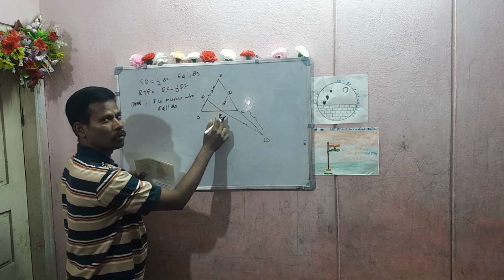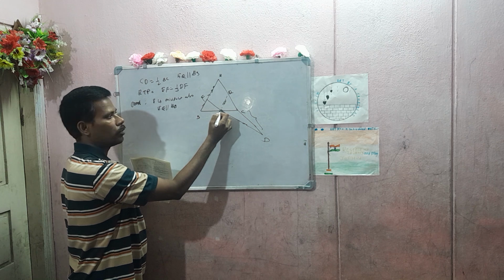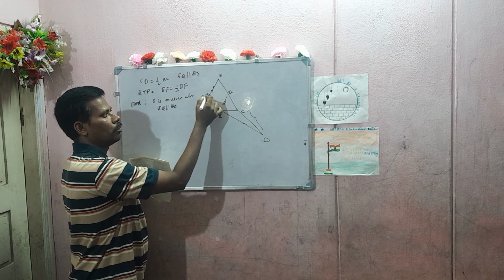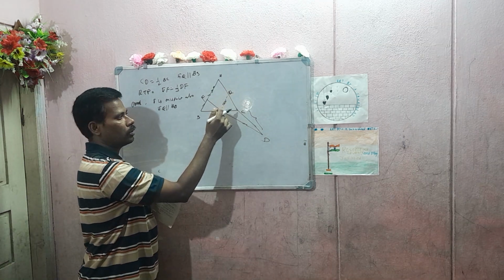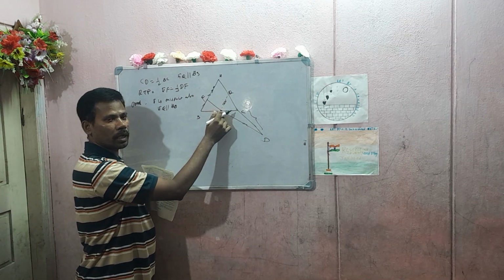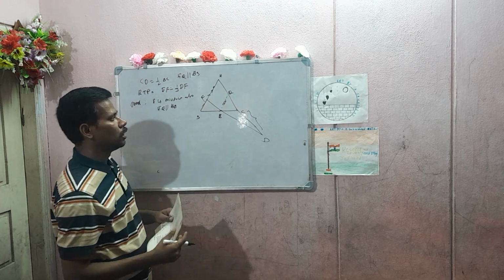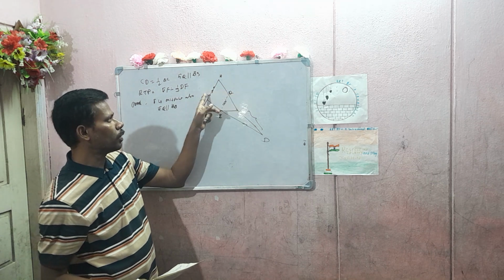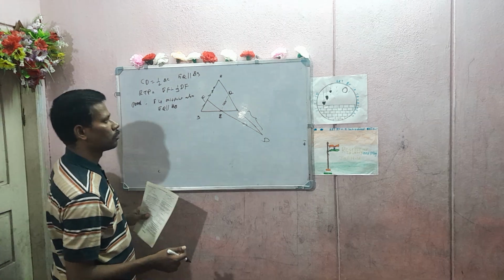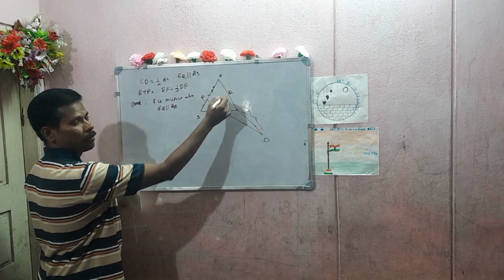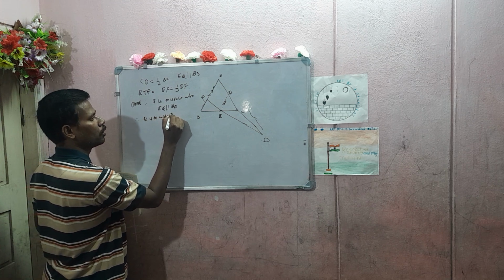Therefore, what can we say? The line segment joining the midpoint of one side of a triangle, parallel to the third side, also bisects the other side. So since E is the midpoint and EQ is parallel to AB, this Q becomes a midpoint. Therefore, Q is the midpoint of AC.